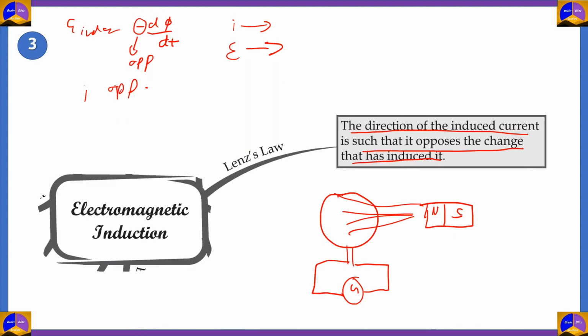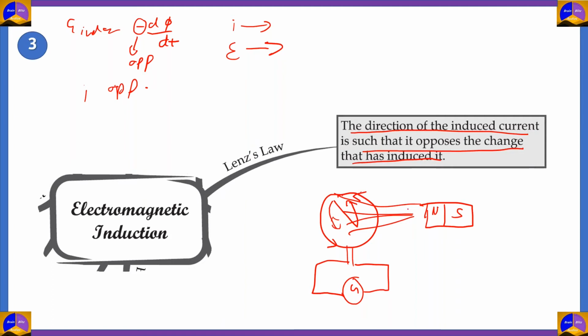So let's take the case where it moves closer. What happens is that the EMF makes sure that the current is produced in the anticlockwise direction, which also makes the area act as a north pole.